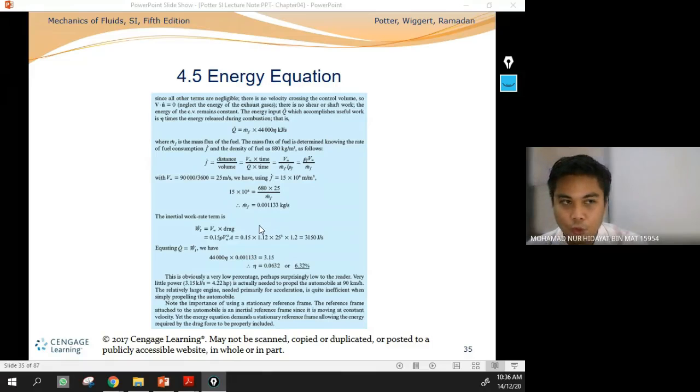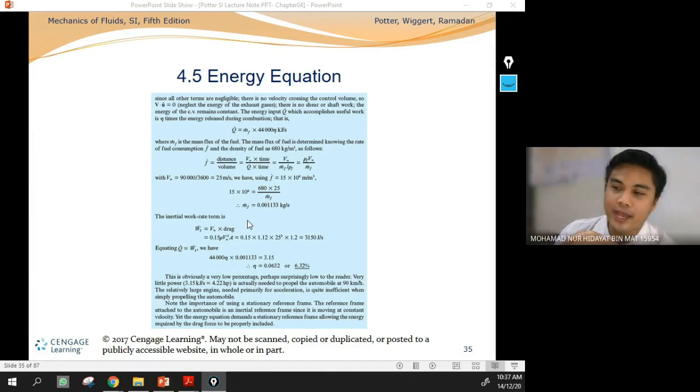I lectured you on two big topics, which are the conservation of mass and conservation of energy. Remember why we have the conservation of mass? It is because the extensive property number one is mass. That's why we solve the conservation of mass using the Reynolds transport theorem, RTT.